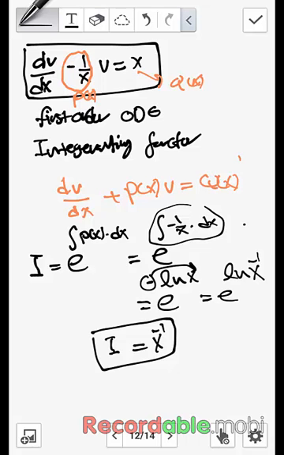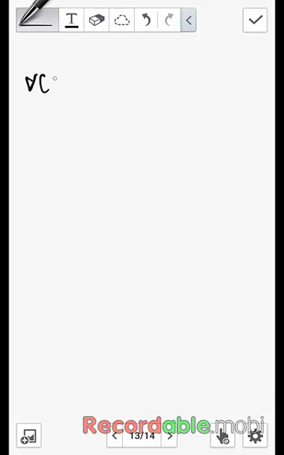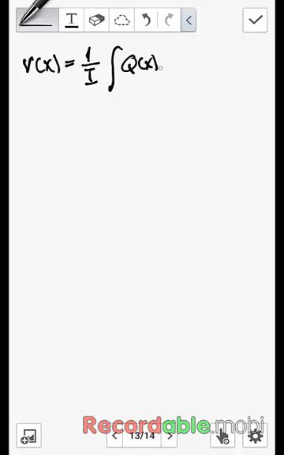Alright, so we go for solving this type of problem. Our solution v of x will equal 1 over I, the integrating factor, times the integral of q of x, the right hand side of our first order ODE, times the integrating factor, dx. The integrating factor, as we said, is x to the power of minus 1, so 1 over x to the power of minus 1 will equal x.